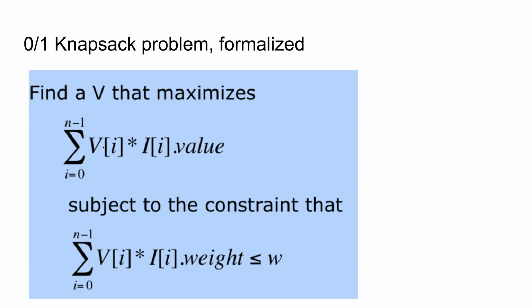If you take it, it's 1, otherwise 0, and multiplied by the item's value, to maximize it. So you can choose different V of i and get a different set of values. And this is subject to the constraint that the summation of all the items' weights times the same vector is less than or equal to W. So that's the formal definition of the 0, 1 knapsack problem.